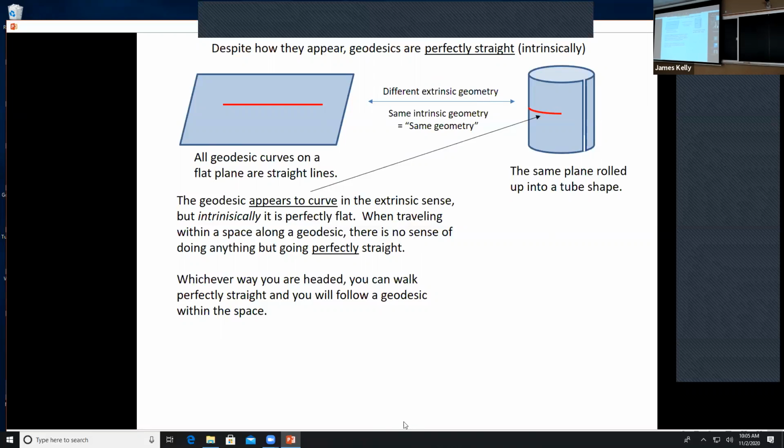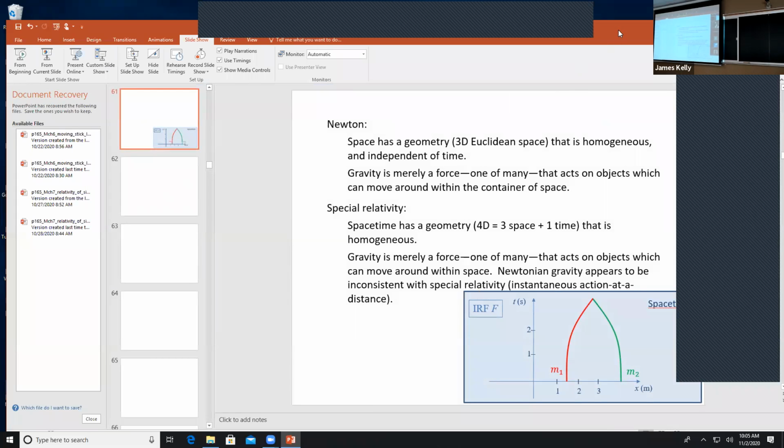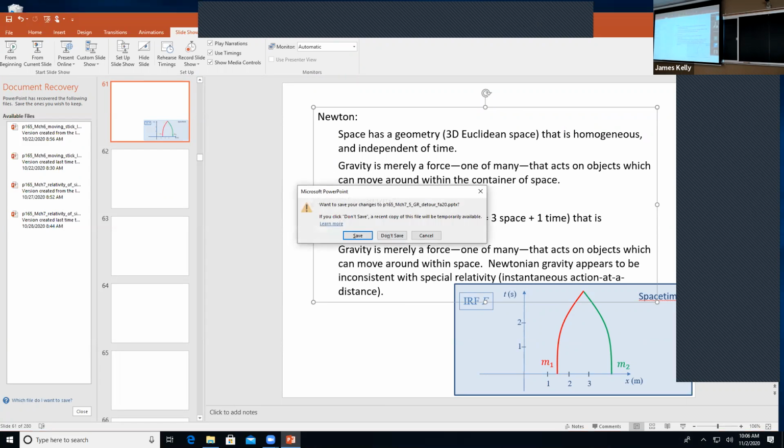I don't like that. I feel like this happened once before to me, and I can't remember what fixed it. It's something about the keyboard getting stuck. Pardon me. I may have to close and reopen this presentation.